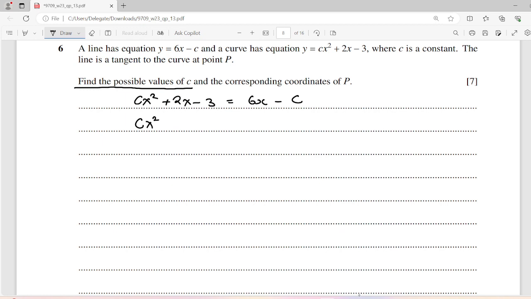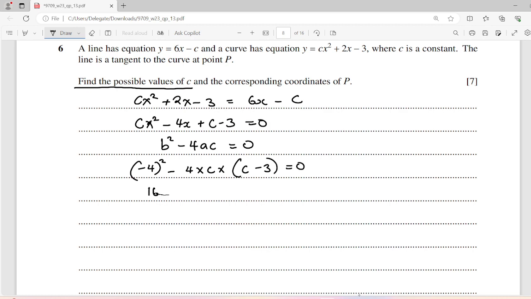So I'm going to say b squared minus 4ac is equal to 0. We see clearly b is negative 4, squared, then minus 4 times c times c minus 3 equaling 0. So this is going to be 16 minus 4c squared, then plus 12c equaling 0.